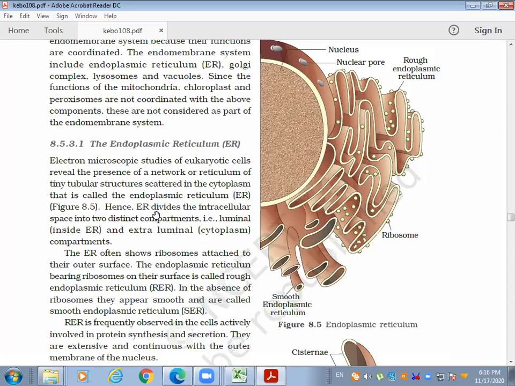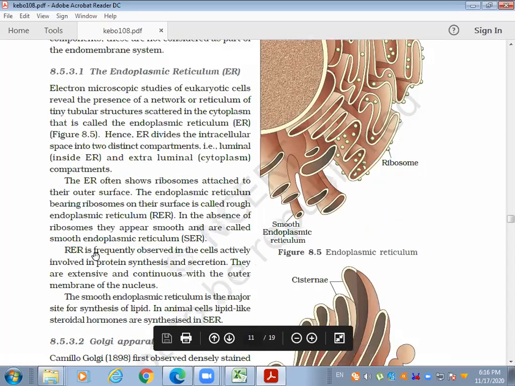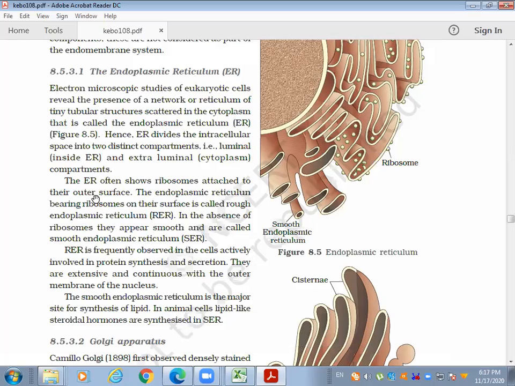The ER divides the intracellular space into two distinct compartments: luminal, inside the ER, and extraluminal, that is, the cytoplasm.